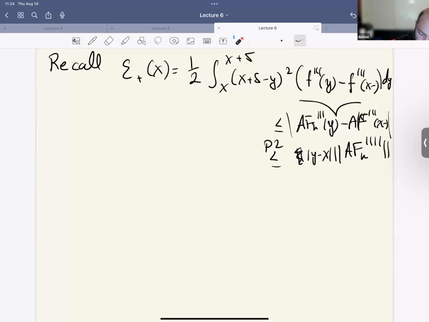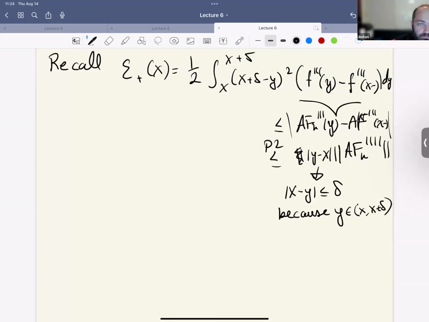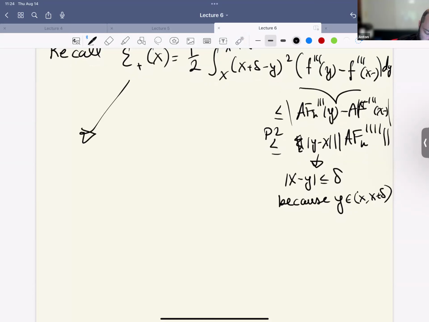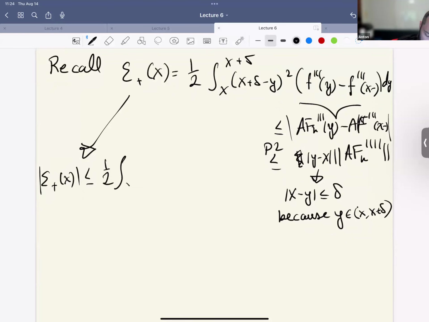Now, x and y are at most delta apart. The norm of x minus y is less than or equal to delta, because y is in x plus delta. Okay, so now we have that epsilon plus of x is less than or equal to 1/2 integral from x to x plus delta of (x plus delta minus y) squared.